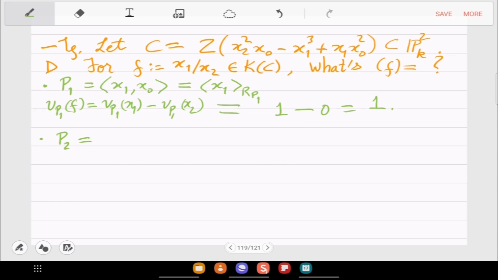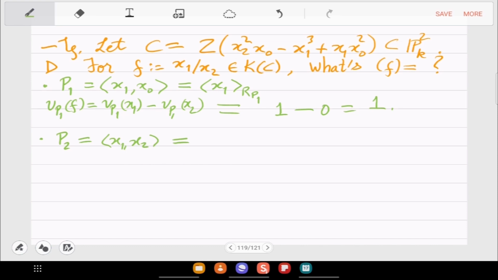Let us go on. Let us look at the next point. So the next point is x1 I have already set to 0. I had an option. Now I pick x2. So x1 comma x2. Right. So the point now is 1 comma 0 comma 0. I have set x0 to 1 and I have set x1 and x2 to 0. What is the uniformizer for this?